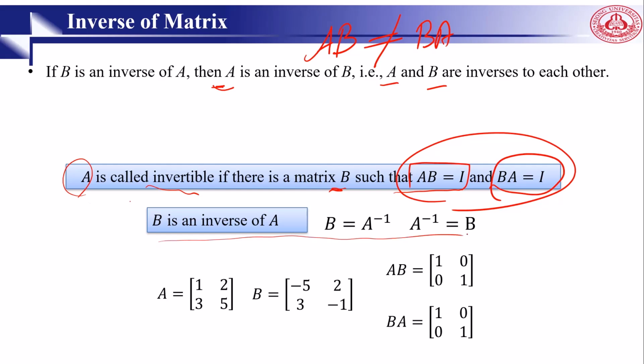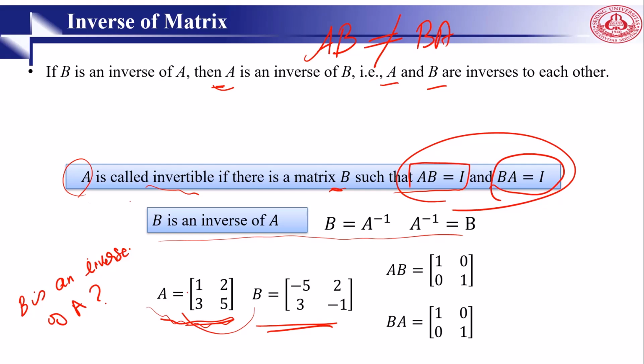For example, here we want to see whether B is an inverse of A or not. We don't want to find the inverse; later I will teach you how to find the inverse of a matrix. In this case, we have A and B, and we do simple multiplication.